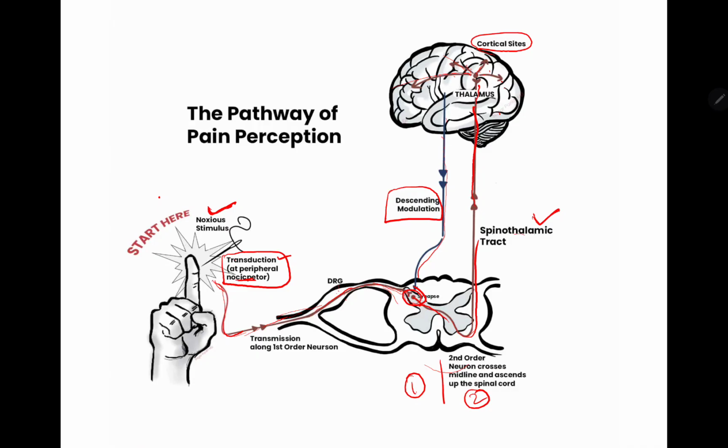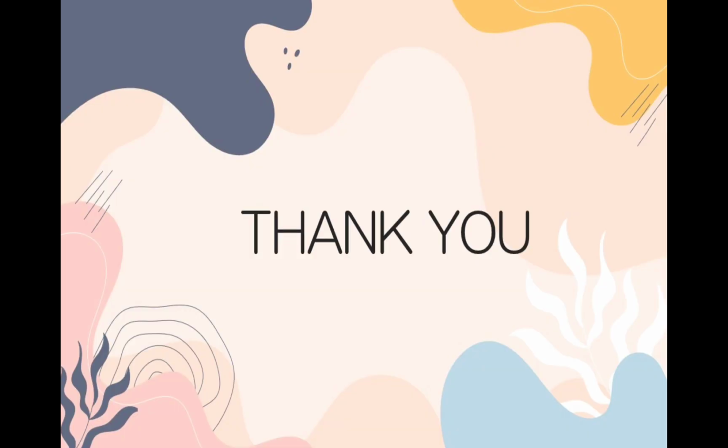Spinothalamic tract will take over. After that, it will reach the thalamus, and then finally it will reach the brain cortex, where you can feel the pain, which are the cortical sites. So that is the pathway of perception of pain for you. Thank you.